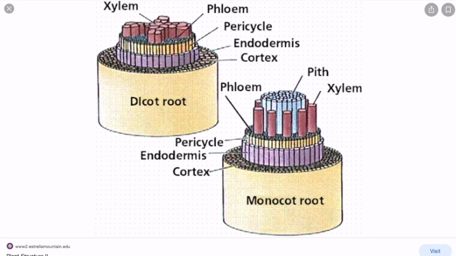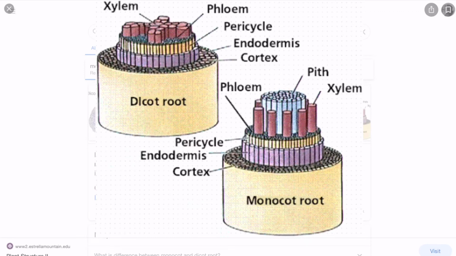What is the piliferous layer? You can also call it the epidermis, from where the root hairs grow. So it is present in both dicot root and monocot root. We also know that radial vascular bundles are present in both. The one thing which is present in the monocot root but absent in the dicot root is pith, clearly seen in the monocot root in the center.